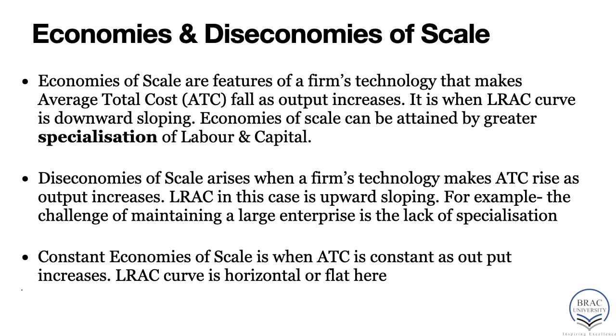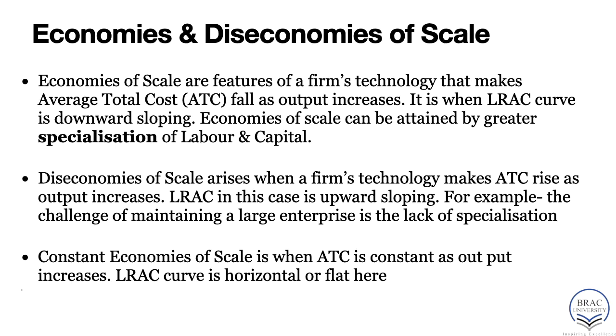When economies of scale are present, the long-run average cost curve slopes downward. So if economies of scale are present, then when a firm doubles its inputs, its output will more than double, and therefore its average cost will fall.